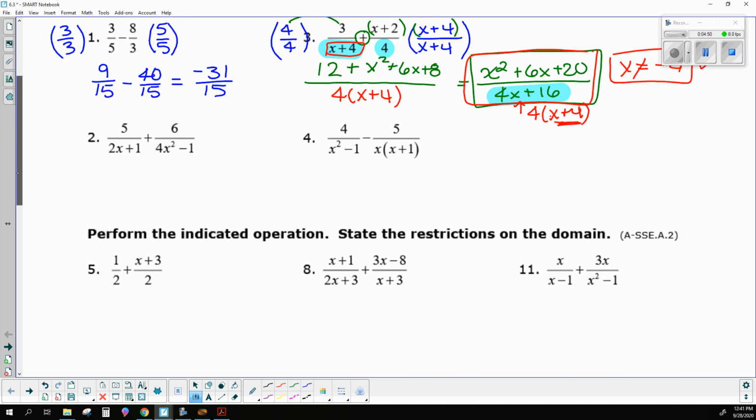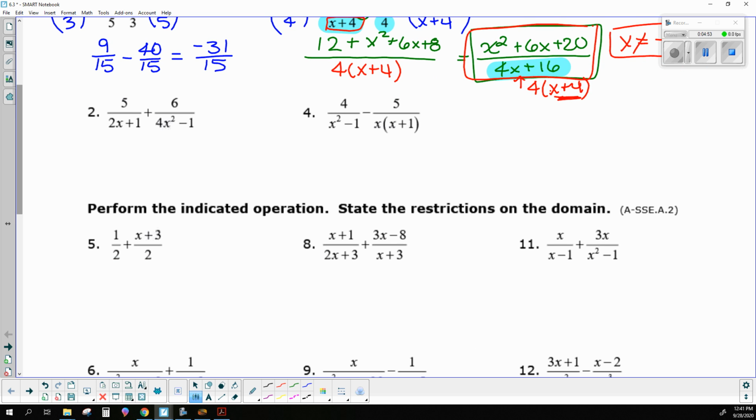Let's look at something a little bit more complex, like number 2. We're going to factor the denominator that can be factored here. It's a difference of squares. So notice that the first term has an x plus 1, and this is a 2x plus 1. So we do not need to create that term. It means the first term is only missing this piece, and the second term isn't missing anything from the first one.